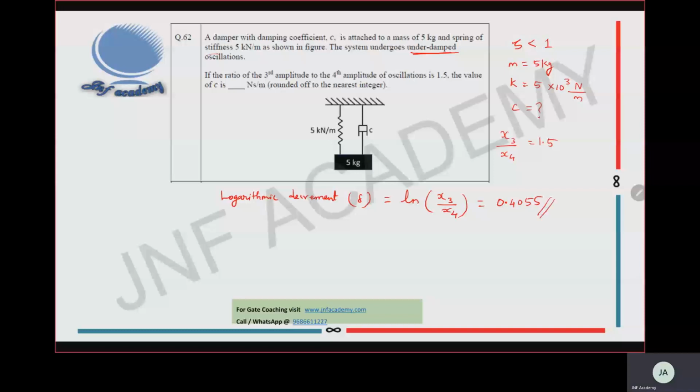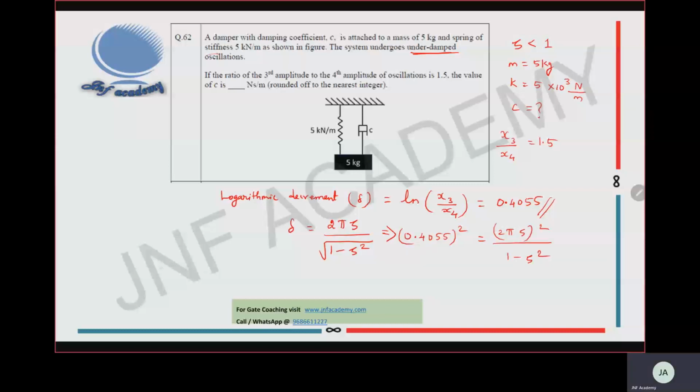Once we know this delta, I can use this formula for finding the zeta value: delta equals 2 pi zeta divided by square root of 1 minus zeta square. Okay. Now I can take squaring on both sides. 0.4055 square is equal to 2 pi zeta whole square divided by 1 minus zeta square.